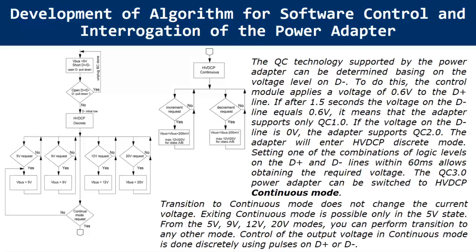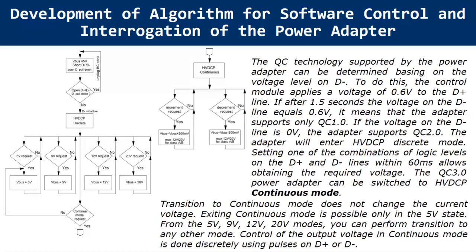The adapter will enter HVDC discrete mode, setting one of the combinations of logic levels on the D+ and D- lines within 60 milliseconds, allowing the required voltage to be obtained. The QC 3.0 power adapter can be switched to HVDC continuous mode.